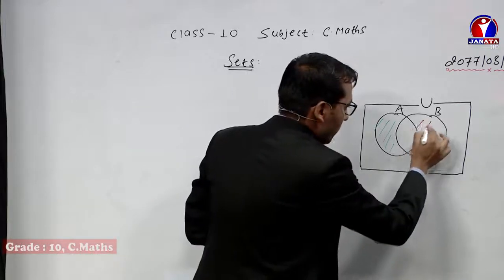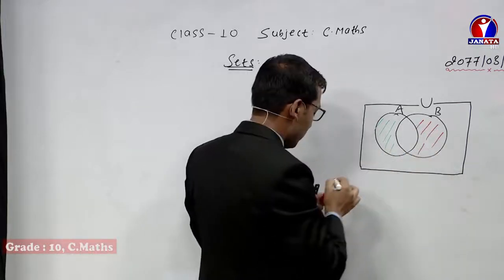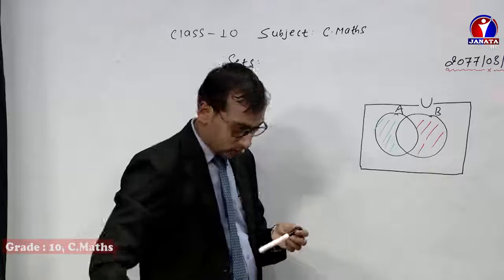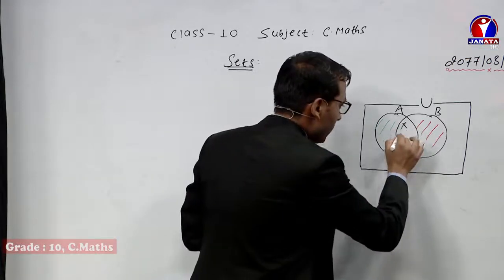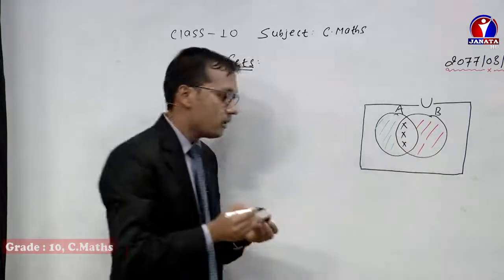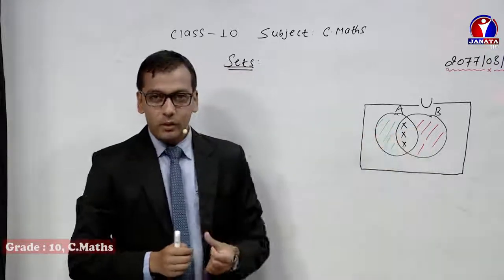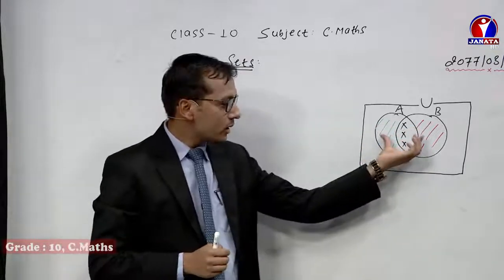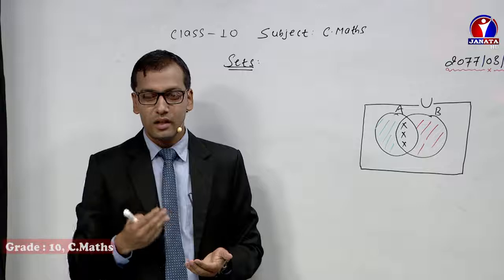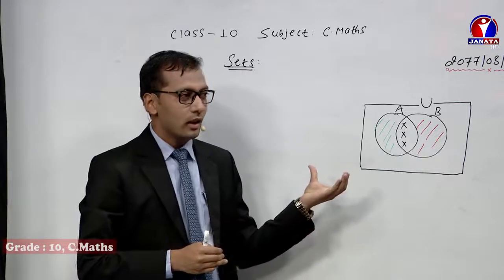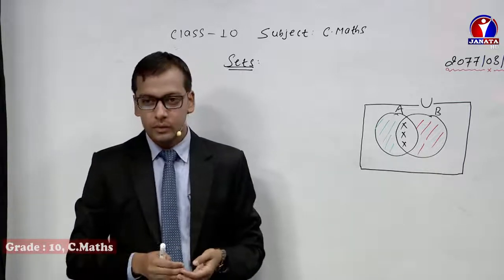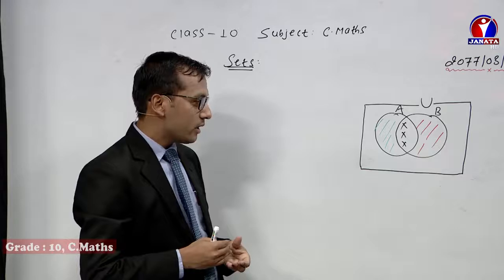Okay, so let me color these different regions in the Venn diagram, so it will be easy for every one of us to understand. Under universal set U, we can say on the board there are four different regions. So what are the four different regions?